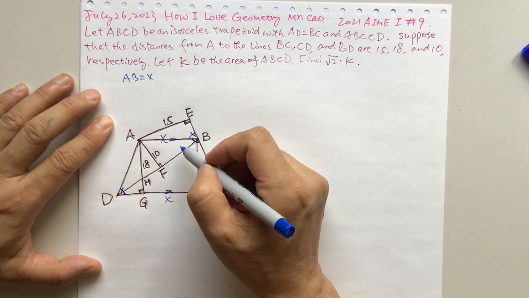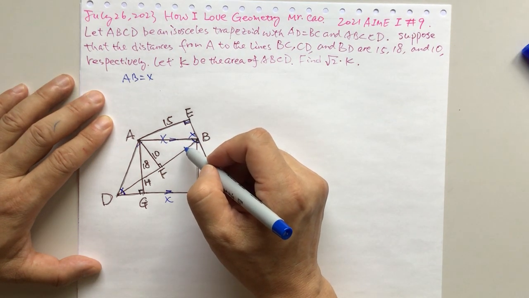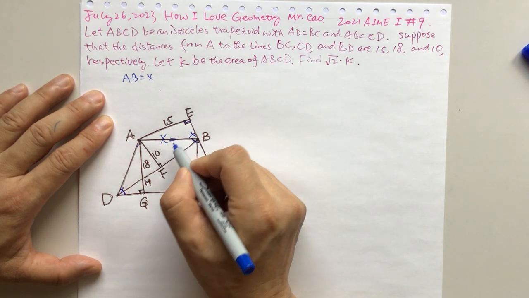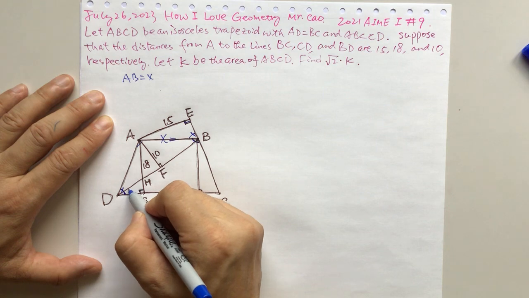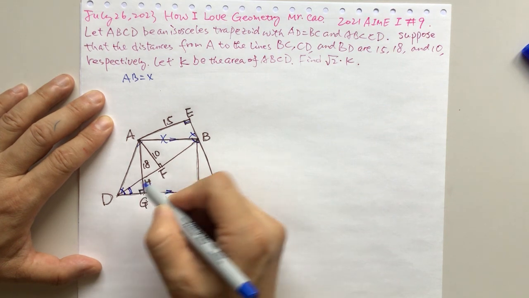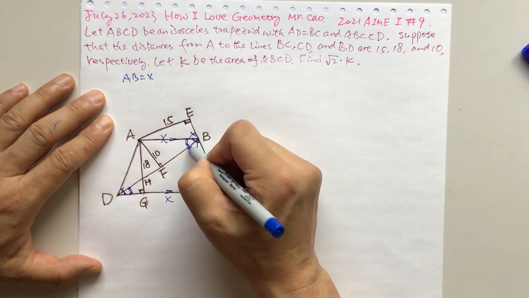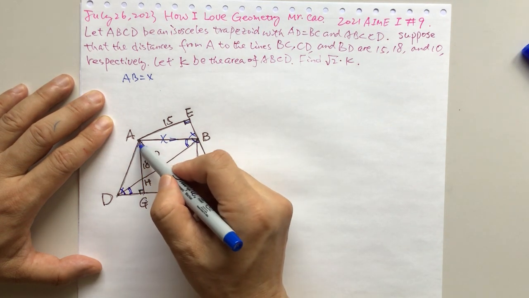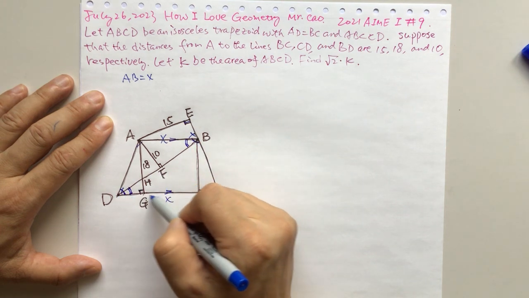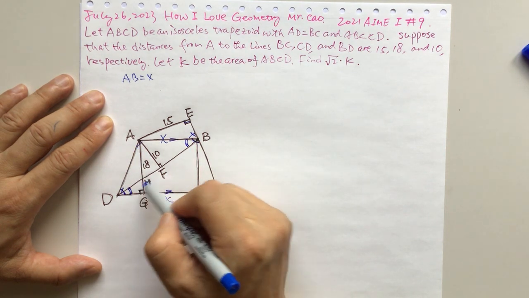Then the next similar triangle we can easily find, because AB is parallel to CD. So this angle and this one are the same. And also, we can use triangle BDI, not ADG.